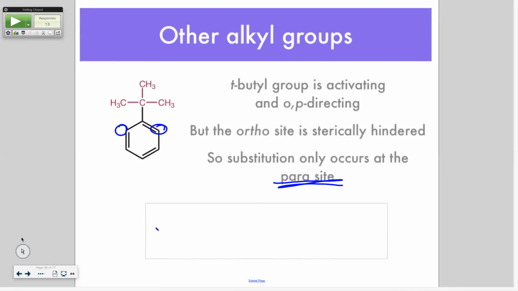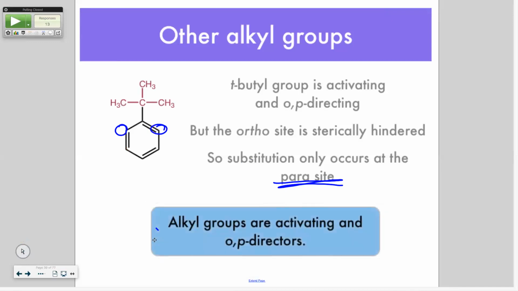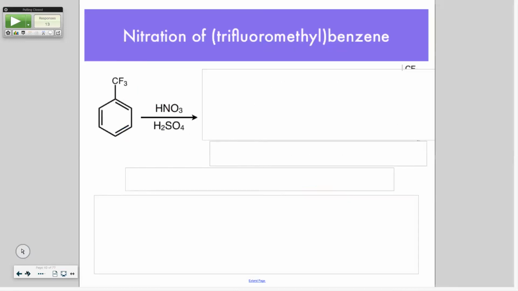Okay, so alkyl groups are activating groups and they're OP directors. Now, if you have halogens on there, that changes it. So like that CF3, that is not considered a regular alkyl group because it has a halogen. Okay. So don't get that mixed up.